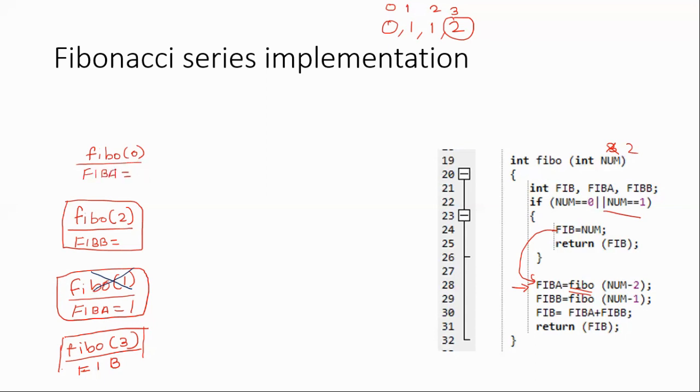So now, fib_0 is going to be called, isn't it? When fib_0 is called, the base condition is satisfied. So this fib_a will be equal to 0.